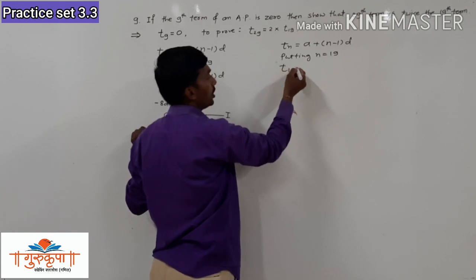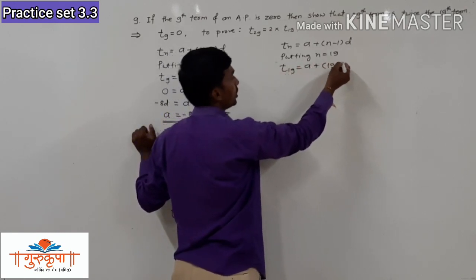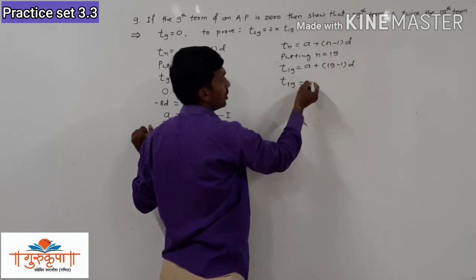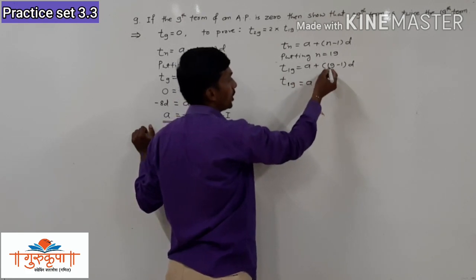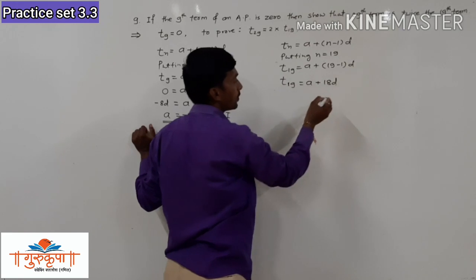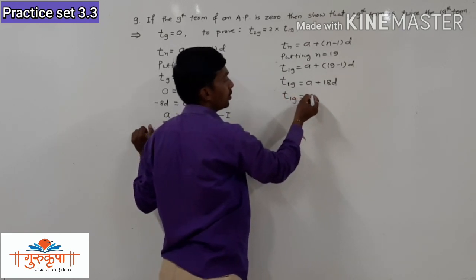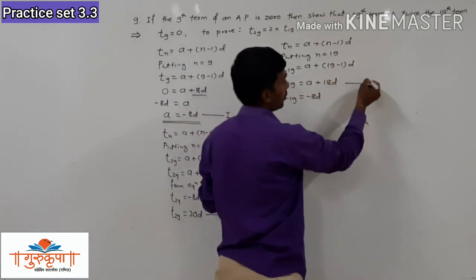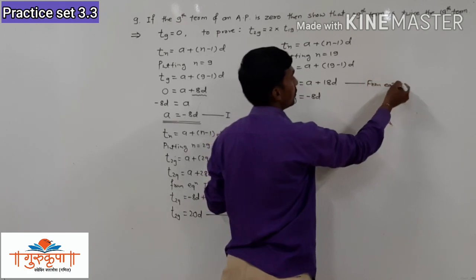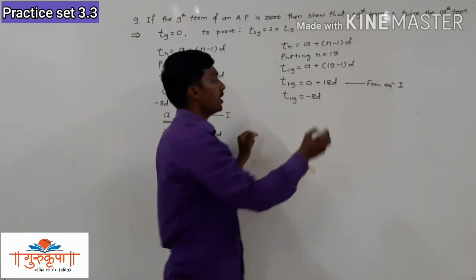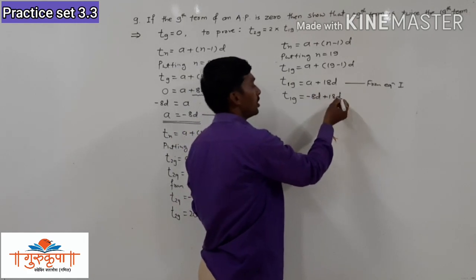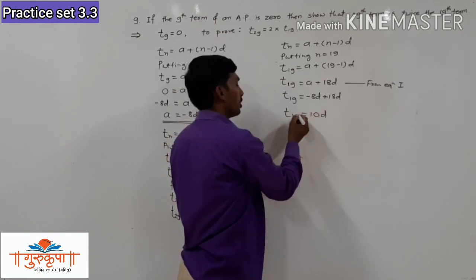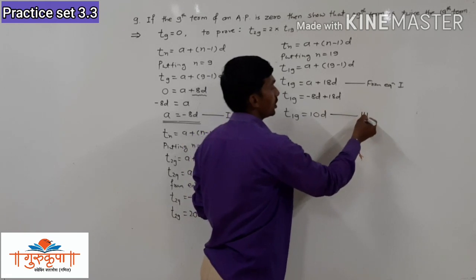So T19 is equal to a plus (19 minus 1) into d. 19 minus 1 is 18d, and from equation 1, the value of a is minus 8d. So T19 is equal to minus 8d plus 18d, which is 10d.